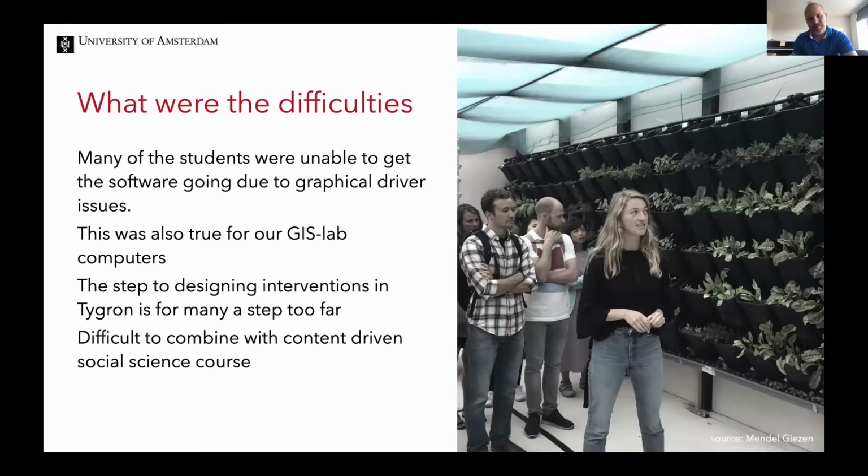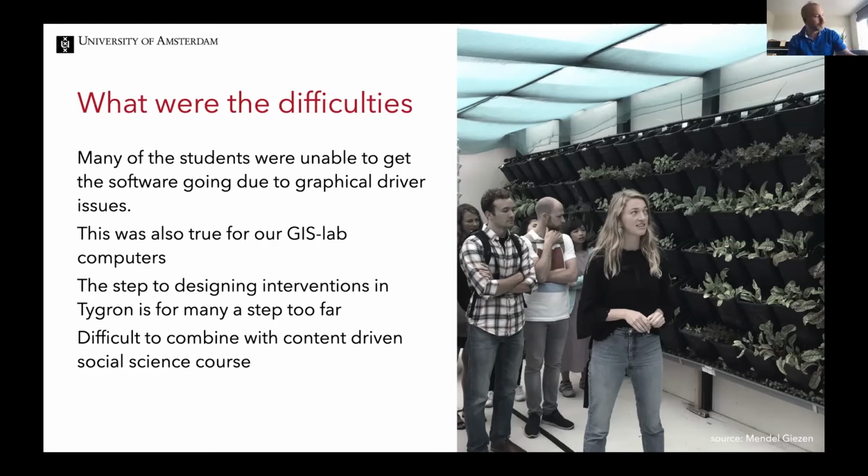And we also found that, because we have a very social science master program, for many of the students, designing the interventions to change the attributes and these aspects was really a step too far.